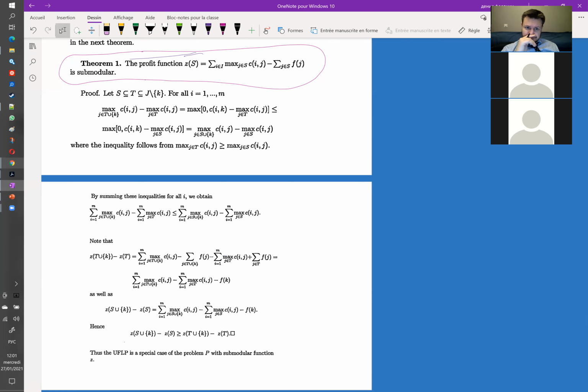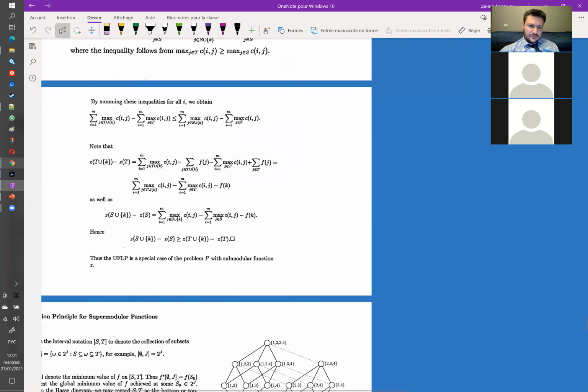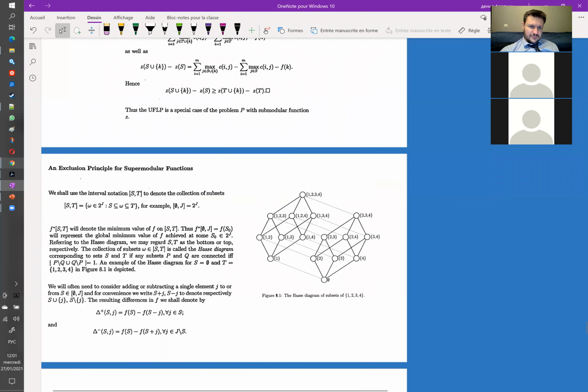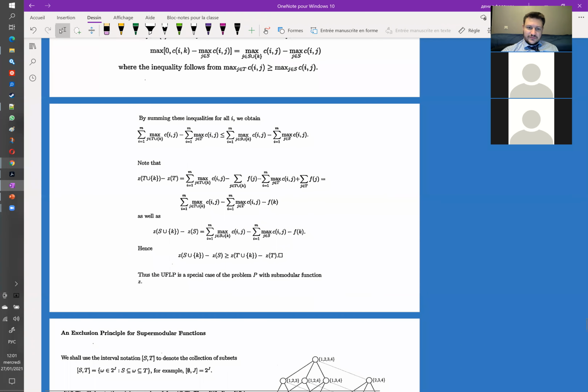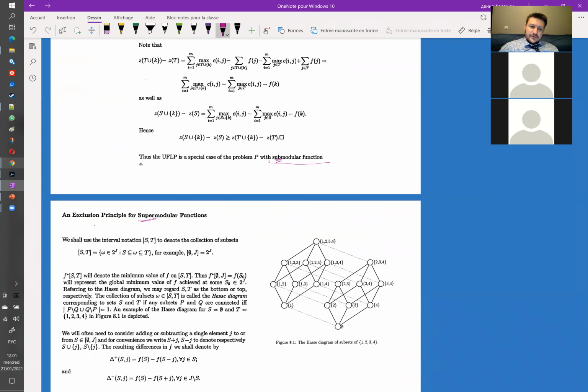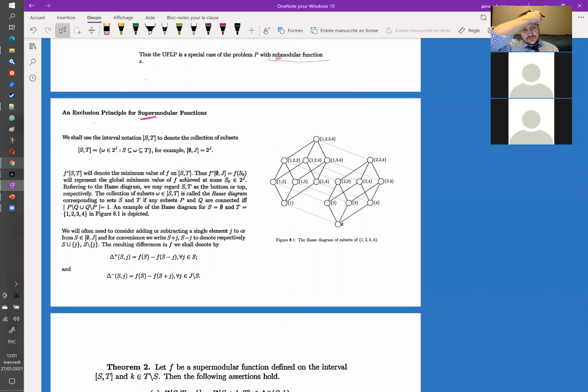It's just inequalities. I think we shouldn't focus on this. We have a special exclusion principle for modular functions. As you can see, there is one for submodular, and for supermodular we also have something. There is interval notation and so on. So I think that we skip all the details at this time. Maybe later we can go back.